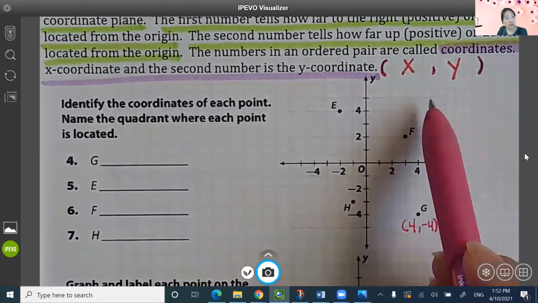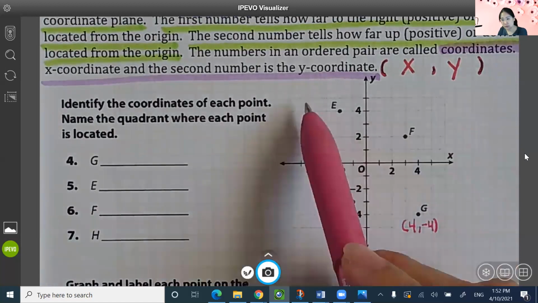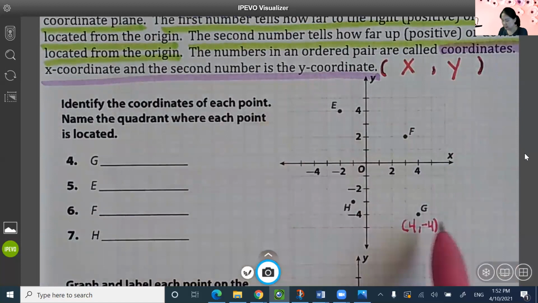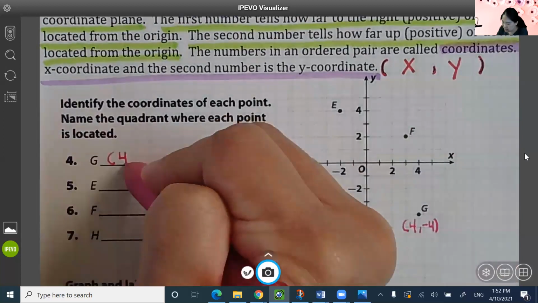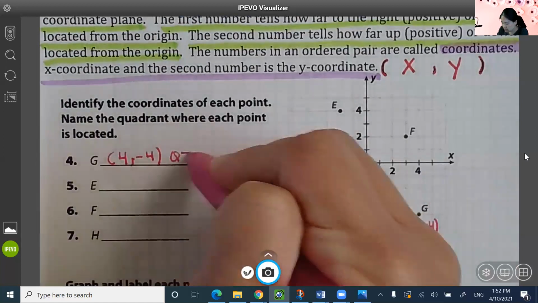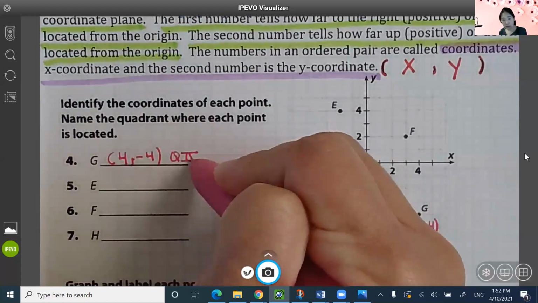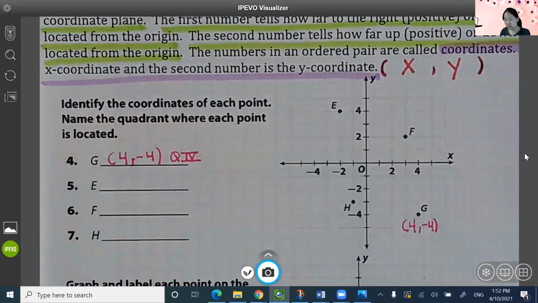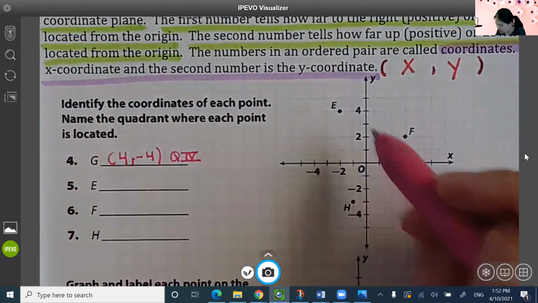What quadrant are we in? Remember, quadrant 1, quadrant 2, quadrant 3, quadrant 4. So 4, comma, -4, and we are in quadrant 4, okay? Next one, E. Where is E? Right here.